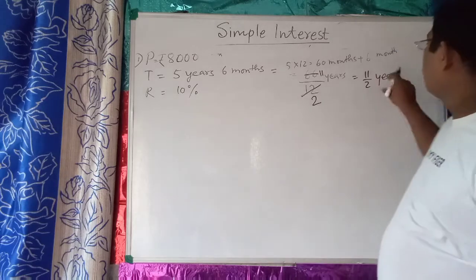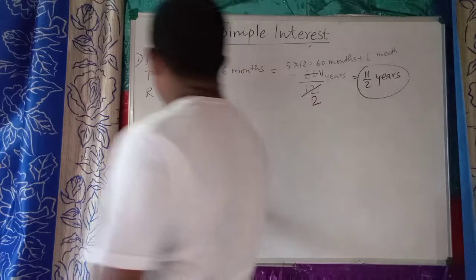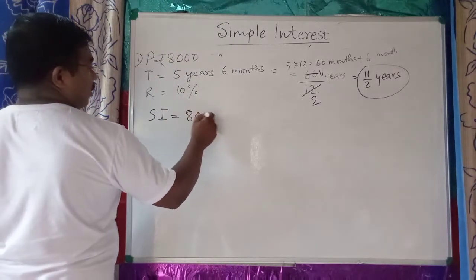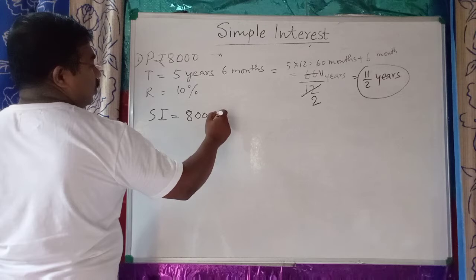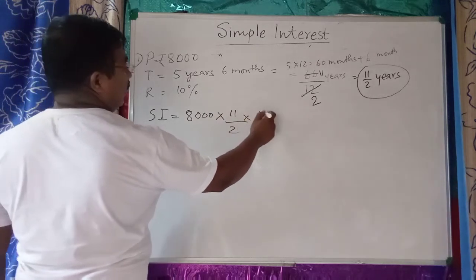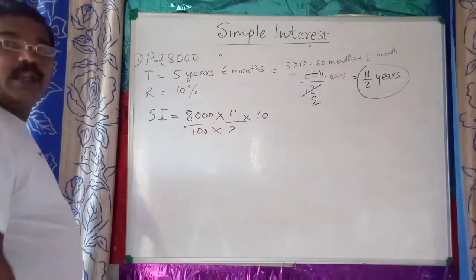We have to put 11 by 2 years in place of time. Now let us find out the answer. P is 8000, into T is 11 by 2, into R is 10%. In this way, we can find out the answer.